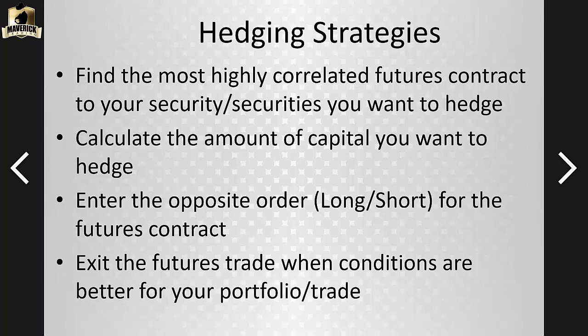This is what all the pros and big money managers use to hedge their portfolio. They find the most correlated futures contract, and then buy or sell that to hedge out the risk. So again, calculate the amount of capital you want to hedge, find out what the futures contract is, and then you simply sell one contract or buy one contract.